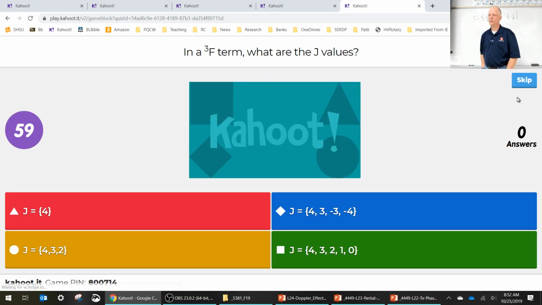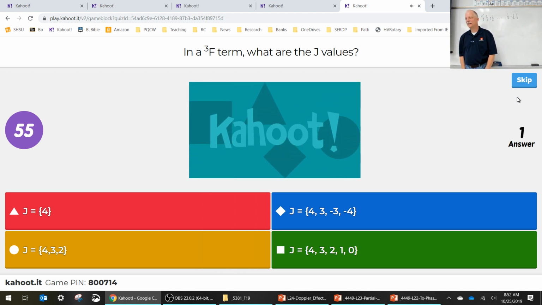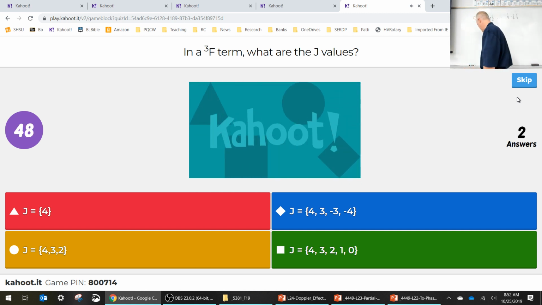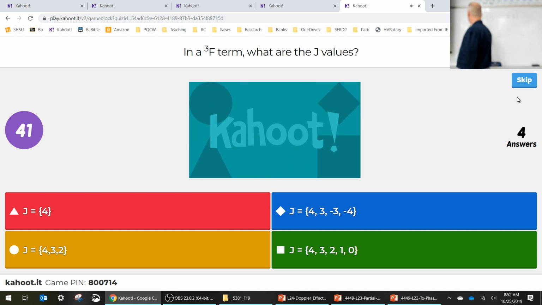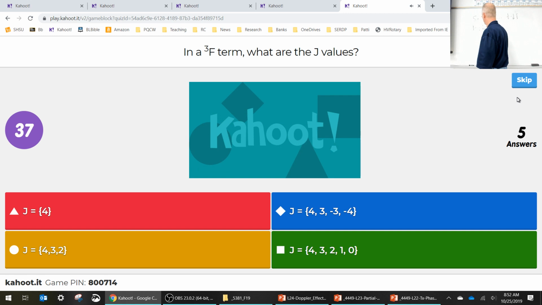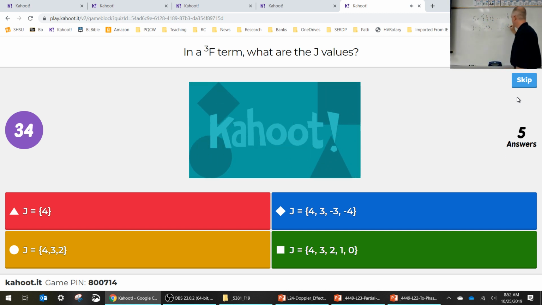In a triplet F term, what are the J values? I won't do it for you this time, but remember it's L plus S. So that's what you're doing for the J values.